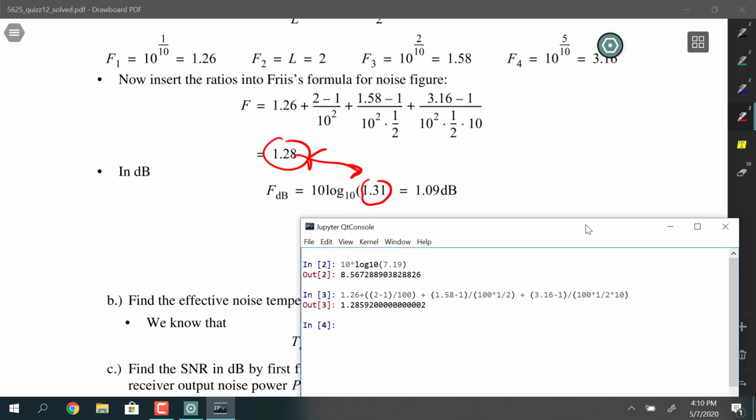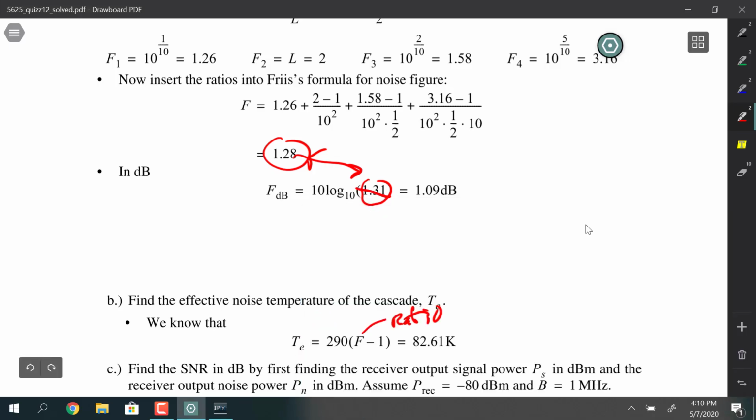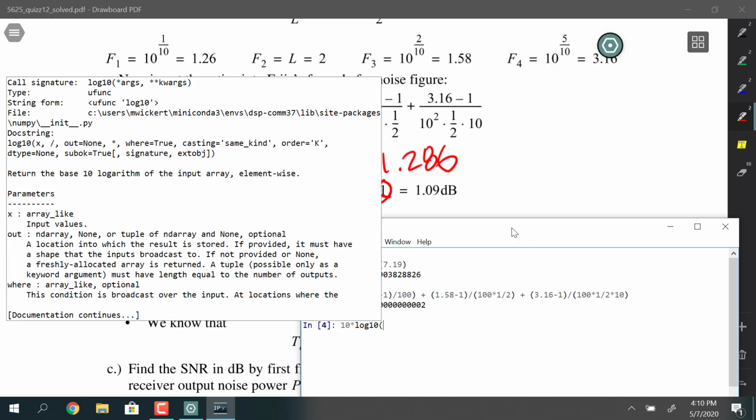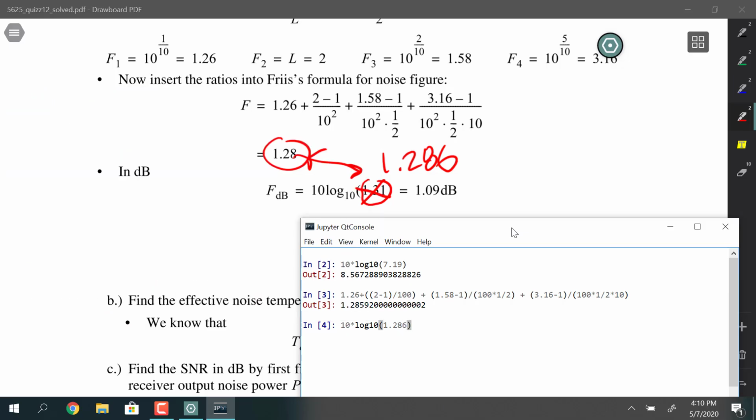So I think that tells me that this number is out, and this 1.2859 would be 1.286. And then, what would the noise figure be in dB? It would be 10 times log 10 of 1.286, or I could just put the number in from up above.